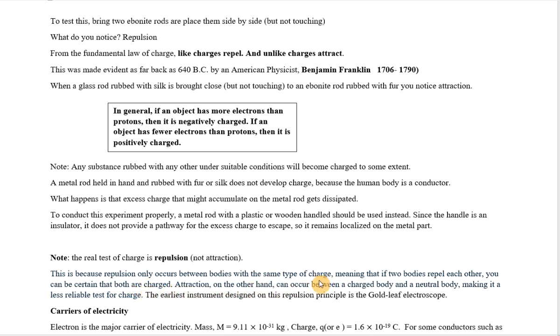Attraction, on the other hand, can occur between a charged body and a neutral body, making it a less reliable test for charge. So the real test of charge now is repulsion, and an instrument that has been designed on this repulsion principle is the gold leaf electroscope.